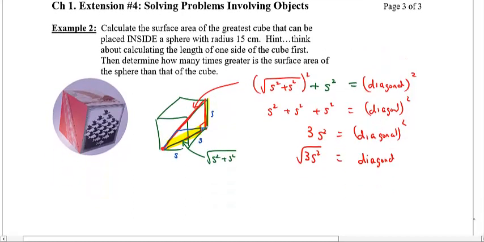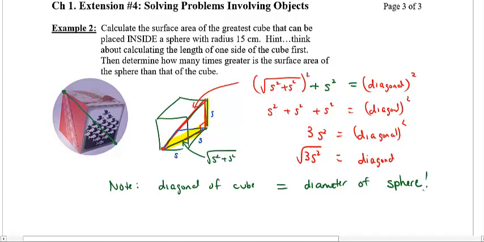And why would I even want the diagonal? Well, I want that because the diagonal of that cube just happens to be equal to the diameter of my sphere. So note, the diagonal of the cube is equal to the diameter of the sphere.